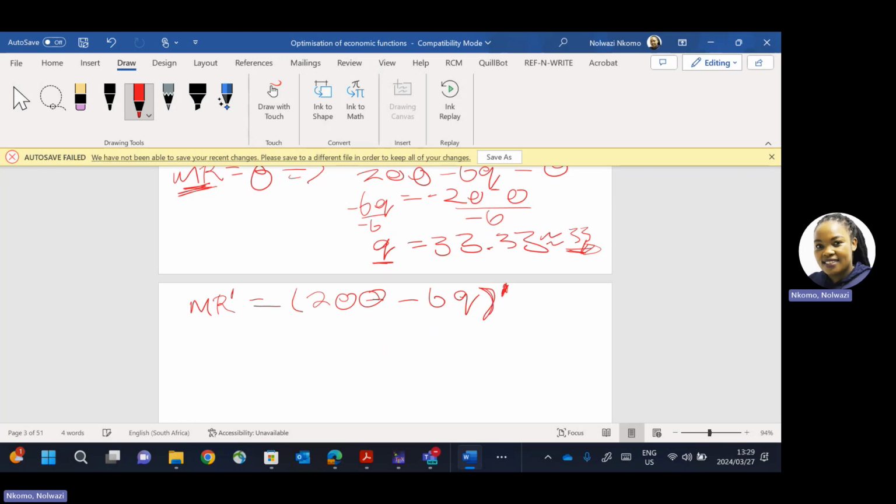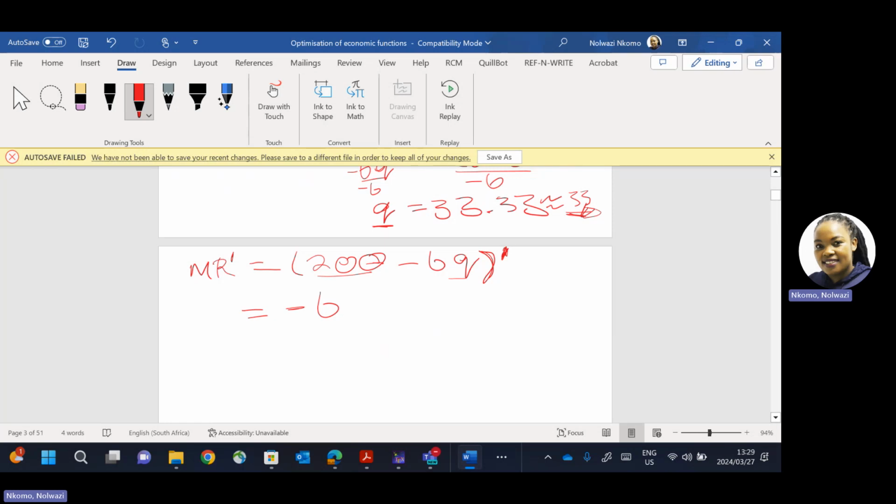What do we get when we differentiate 200? You get 0, because 200 is a constant and the derivative of a constant is 0. What do we get when we differentiate minus 6Q? We get minus 6, right? So this is the second derivative of the total revenue.